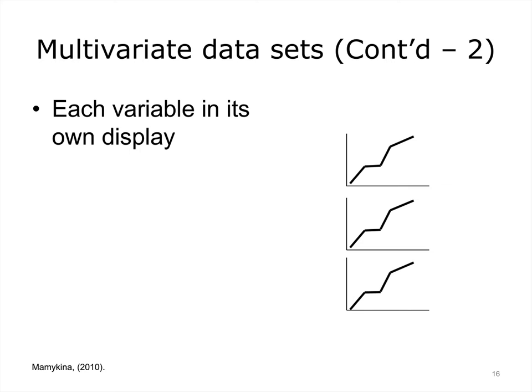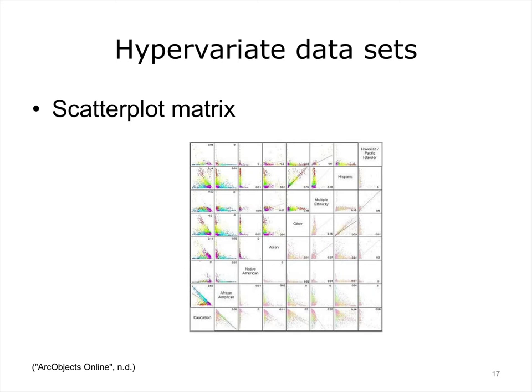For example, stacked timelines are a common way to represent several types of time series data together. Here's one example of different variables displayed in different scatterplots. While quite complex for a novice, this rich visualization could allow an expert to distinguish important properties of data.